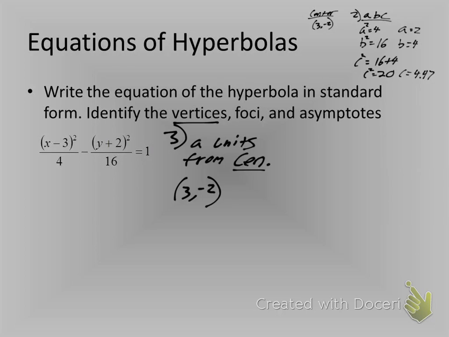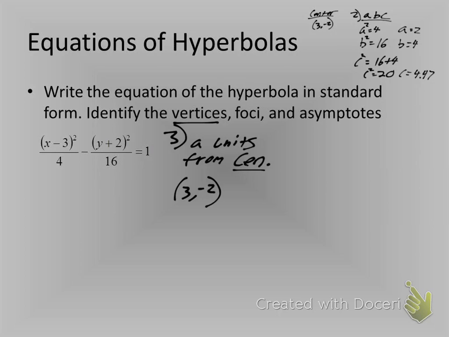Since you're orientated horizontally, Y stays the same, right? Think about it. You're moving left and right between your center and your vertices. So Y doesn't change, your X changes by A units.